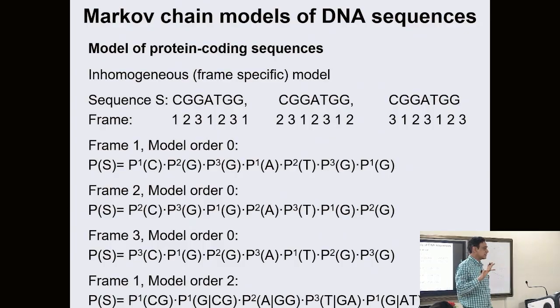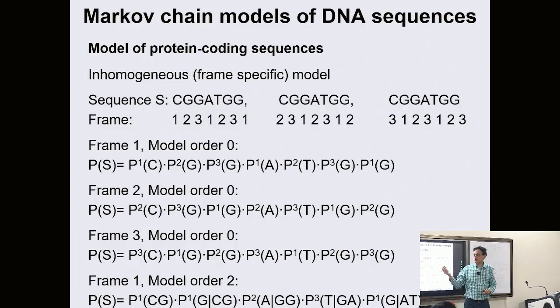Basically, we are considering triplets of nucleotides, so 2 previous bases and the next base, right? And I am going to consider all oligonucleotides of length 3. And this we already know: 1, 2, 3, 1, 2, 3, 1. So the first one is CGG.